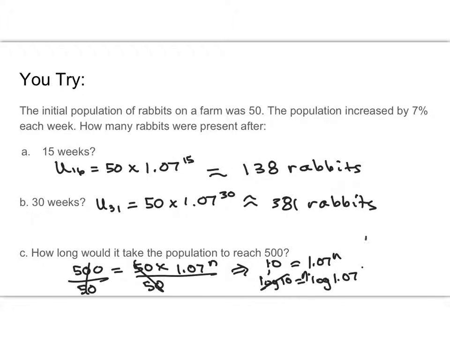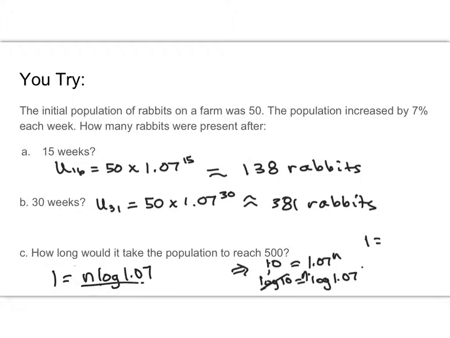So 1 is, you know what, I'm going to erase this. There's a lot of stuff there. I'm going to go back over here and erase it. So 1 is equal to n log 1.07. Now I can divide.